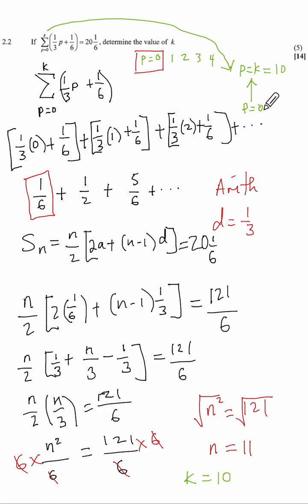That 0 up to 10 is 11 numbers, to give us the 11 terms. So if I count from 0 up to 10, including the 0, that gives me 11 terms, which I need. So that's why k is equal to 10.